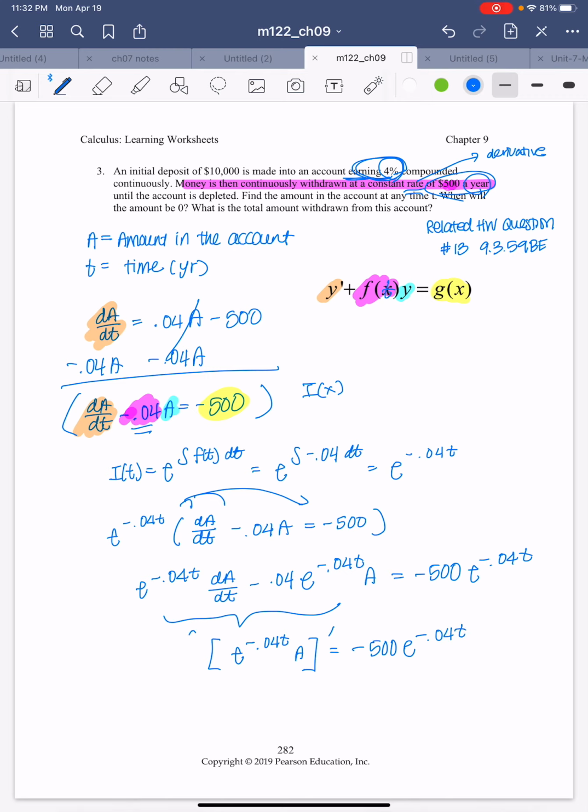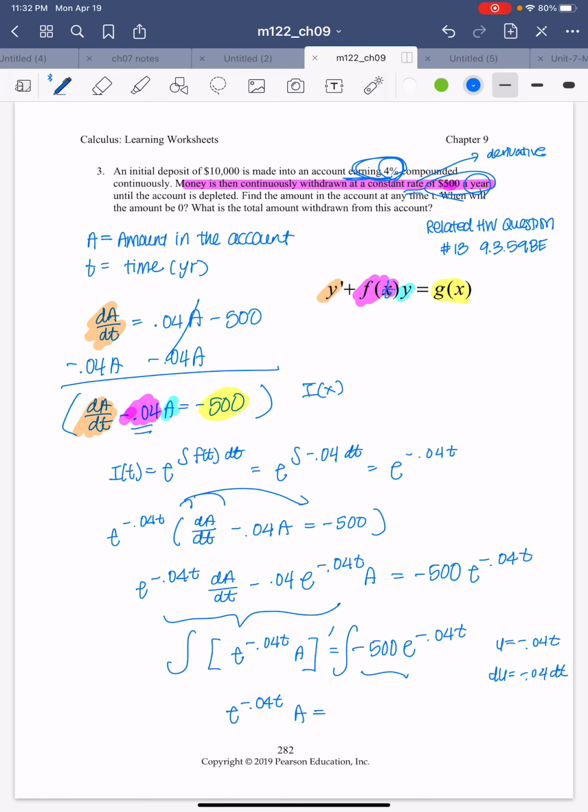Let's take the antiderivative, then the derivative and antiderivative cancel out. So you have e raised to the negative 0.04t A. This part over here, you're going to use substitution of u equals negative 0.04t. Then my du will be negative 0.04 dt.